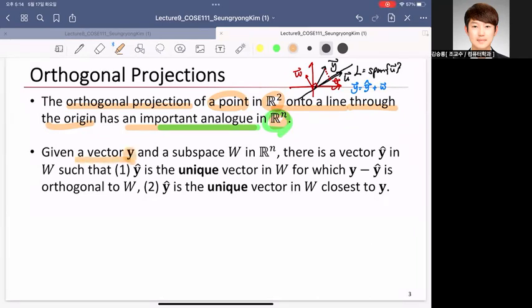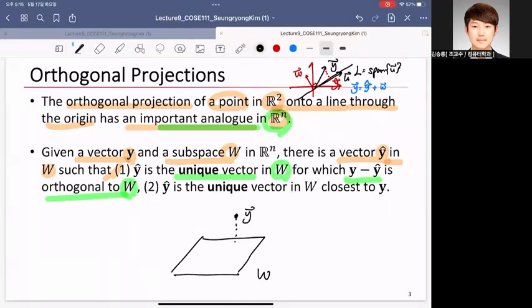Given a vector y and a subspace W in Rn space, let's suppose that we have some arbitrary subspace W here and an arbitrary vector y here. In this case, there is a vector y hat in subspace W such that y hat is the unique vector in W for which y minus y hat is orthogonal to W.